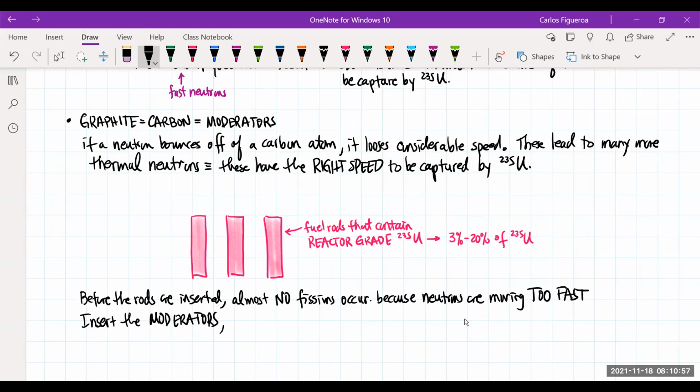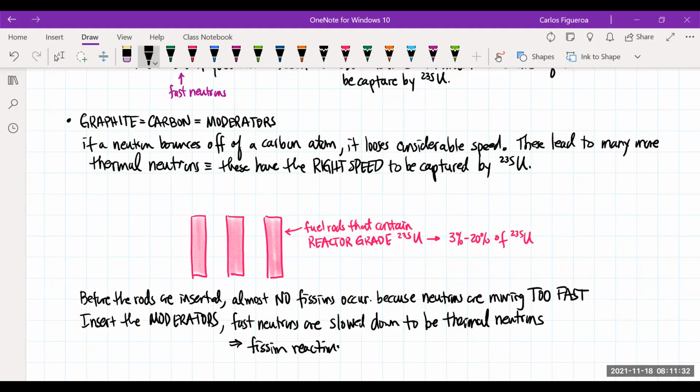And as you insert the moderators, then fast neutrons are slowed down to be thermal neutrons. So as a consequence, fission reactions occur more frequently.